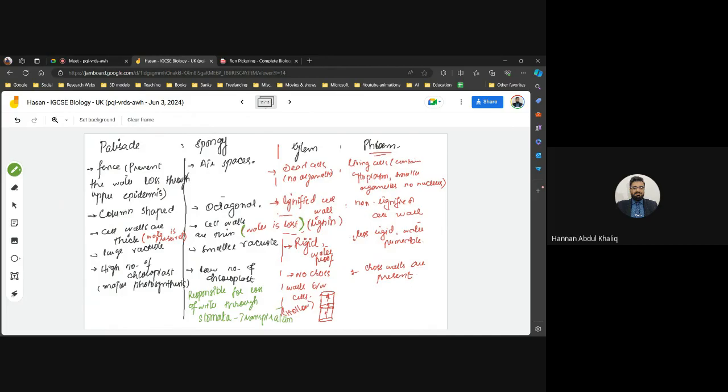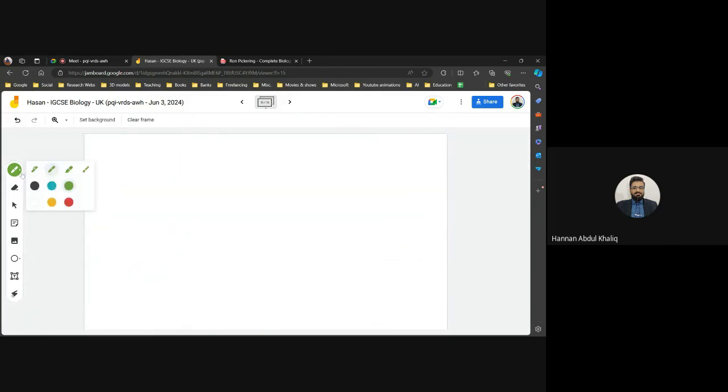This process is called transpiration. Spongy mesophyll is responsible for the loss of water through the stomata. But palisade does not. It prevents the water. Okay, a very important thing I'm about to tell you here.